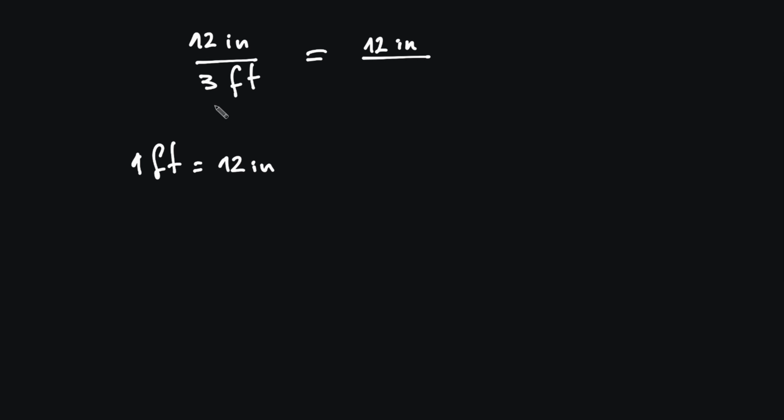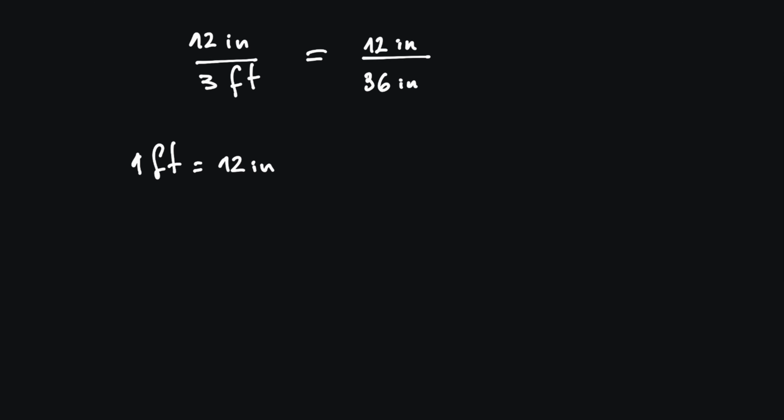What will happen if we try to compare 12 inches and 3 feet? Notice that the two units are different: this is inches, this is feet, but both are units of length. We know that we can convert feet to inches because for every 1 foot we have 12 inches. So 3 times 12 is 36 inches, so 3 feet is 36 inches.